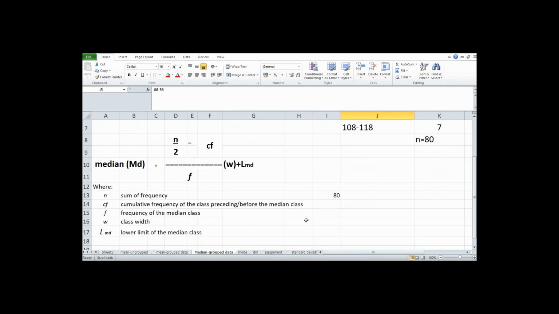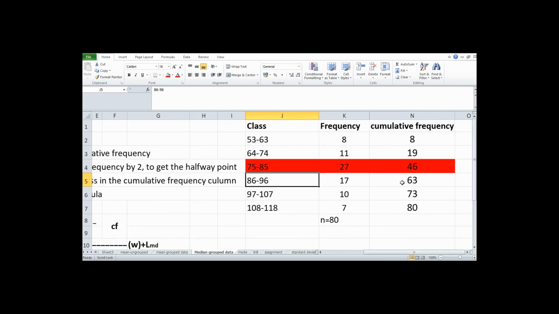So therefore, CF is the cumulative frequency of the class preceding or before the median class. So we will find the value under the cumulative frequency which is before the median class. Remember, this is our median class.